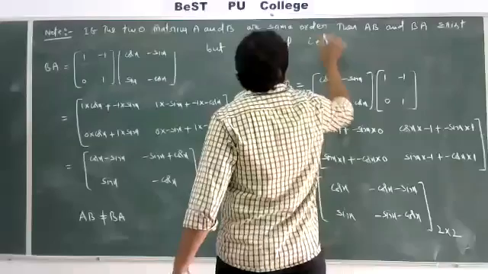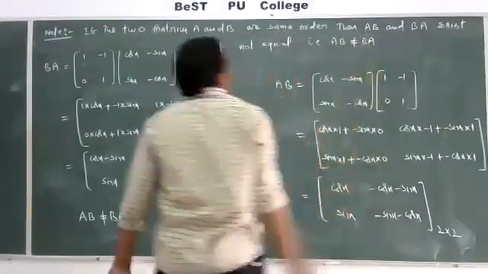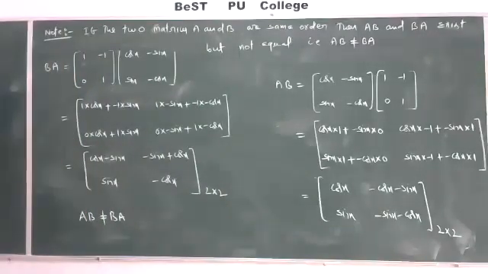That is, AB is not equal to BA. If the two matrices A and B are of the same order, then AB and BA exist but are not equal.